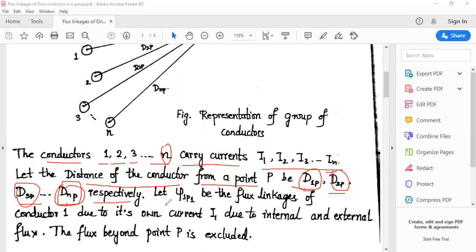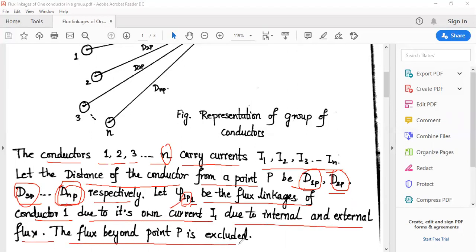Now, I want to analyze the flux linkages due to current I1 produced by one of the conductors. Let phi 1P1 be the flux linkages of conductor 1 due to its own current I1, due to internal and external flux.